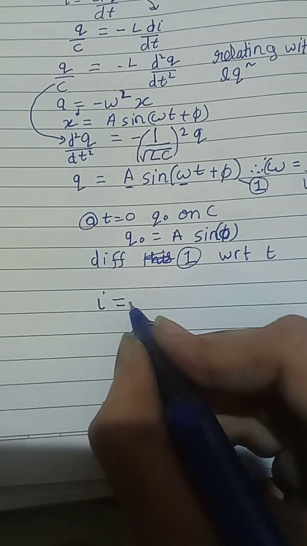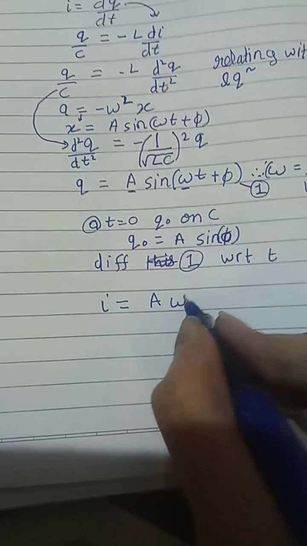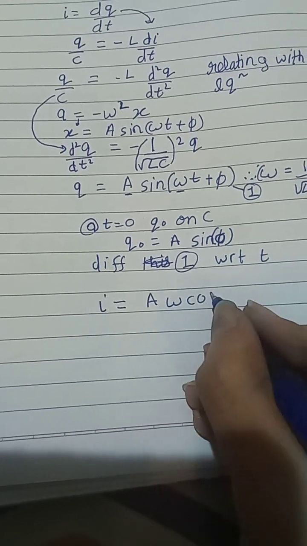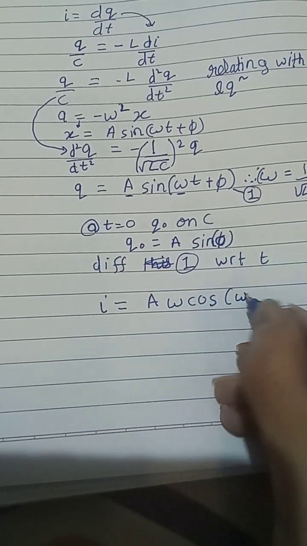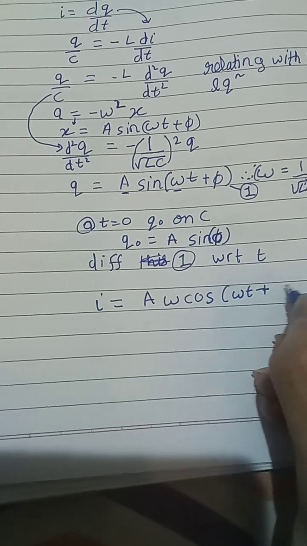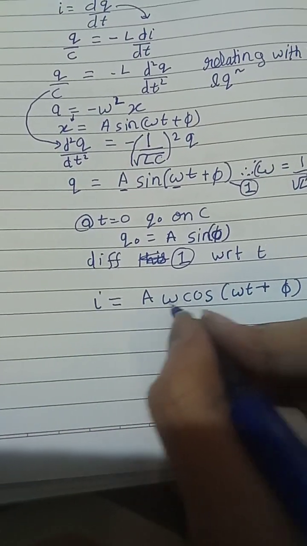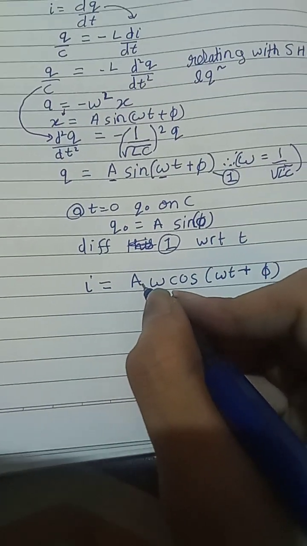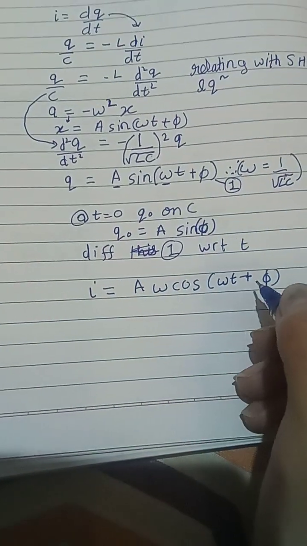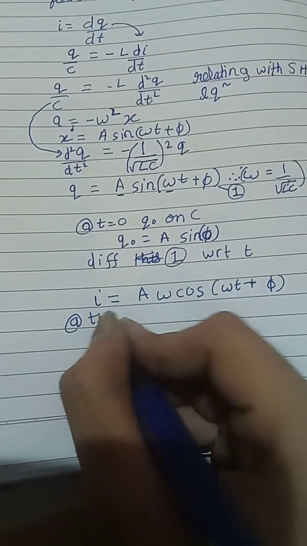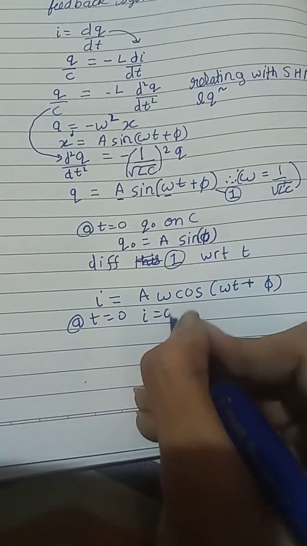Now we get I equals A omega cos omega t plus phi, because of the chain rule. Now we know at t equal to 0, I is 0.